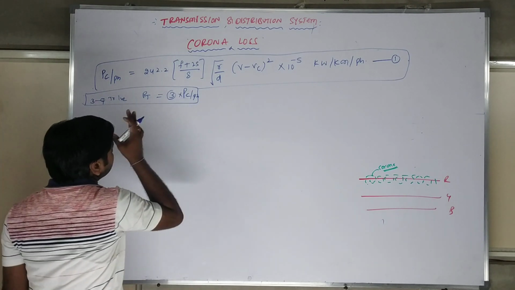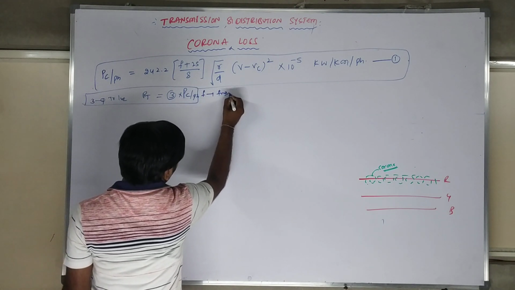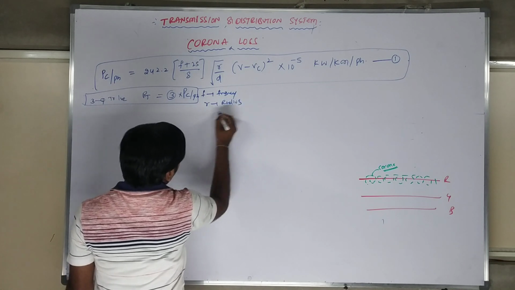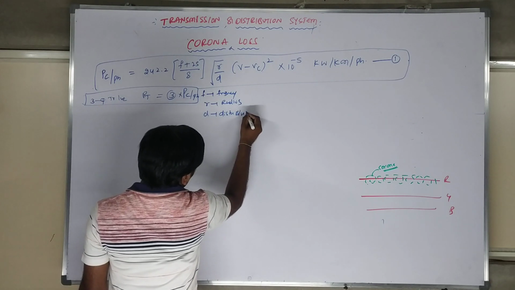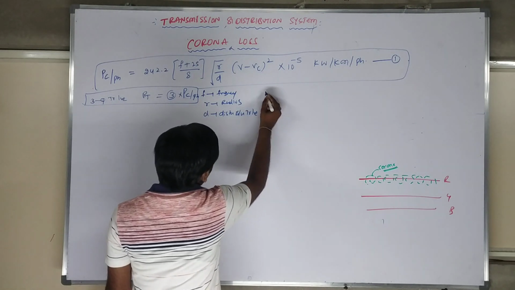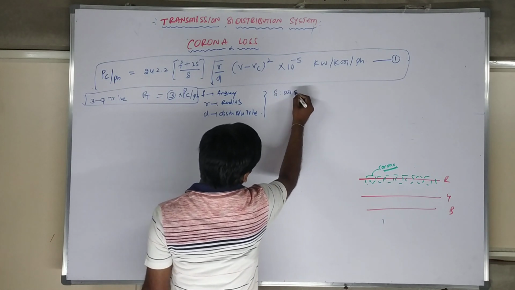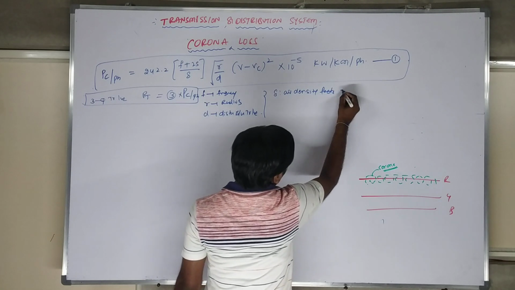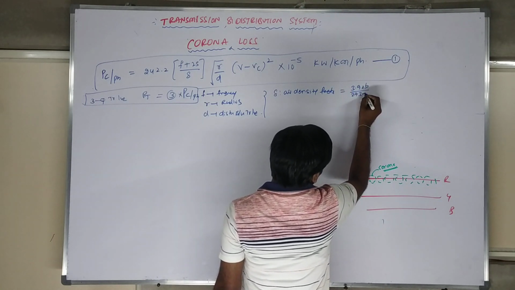If you want, I can write that also. F is frequency, R is radius of conductor, D is distance between transmission lines. The unknown parameter delta is the air density factor, which has the formula 3.92 b by 273 plus t.